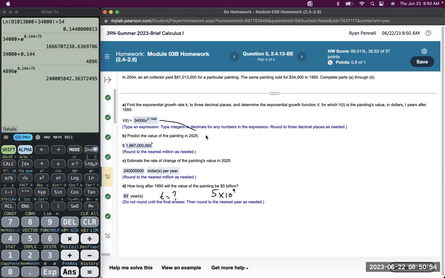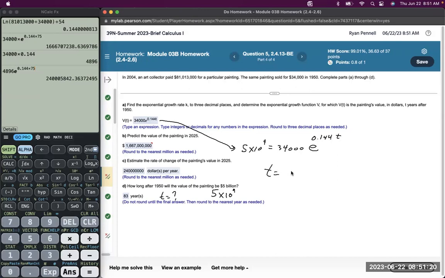So I'm going to take this and go 5 times 10 to the 9th equals 34,000 E, I know my rate, and I'm solving for time. All right, how do you solve for time? You divide both sides by the coefficient, then you take the natural logarithm to bring this down, then you divide.